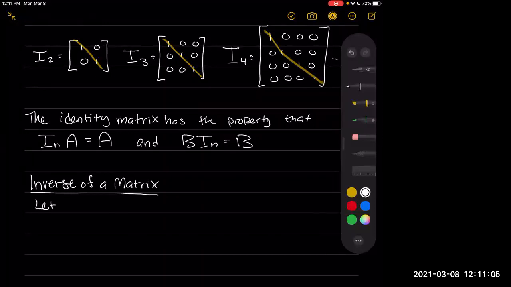So if we let A, I was going to underline this with blue because it's kind of a definition.